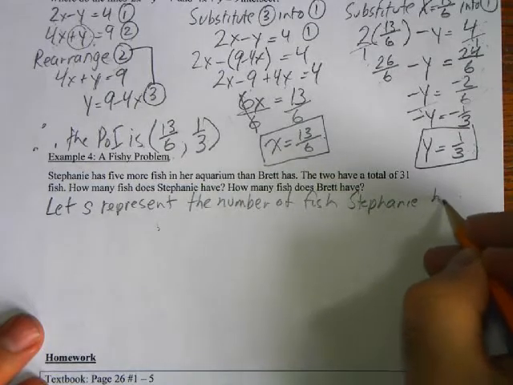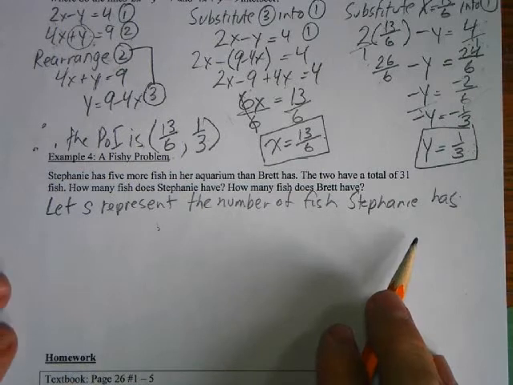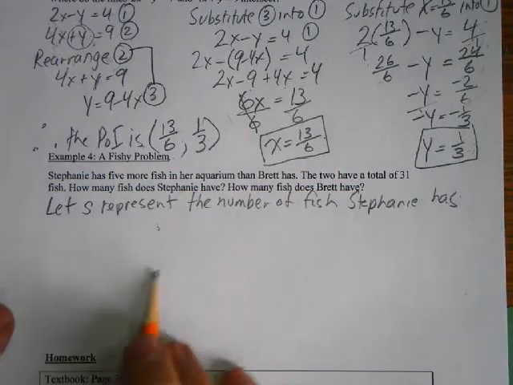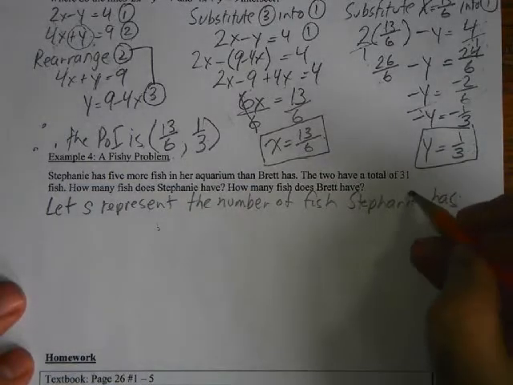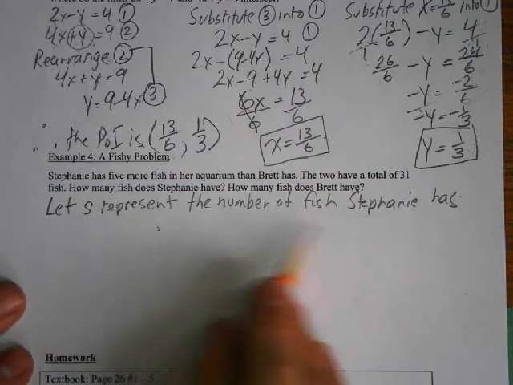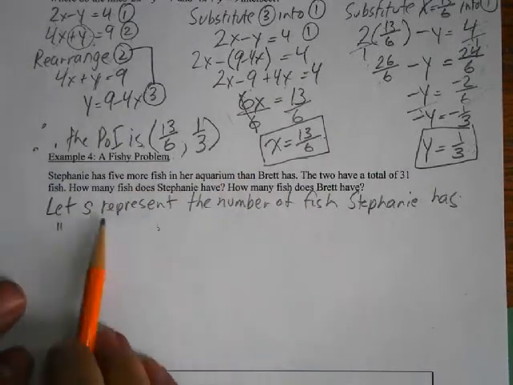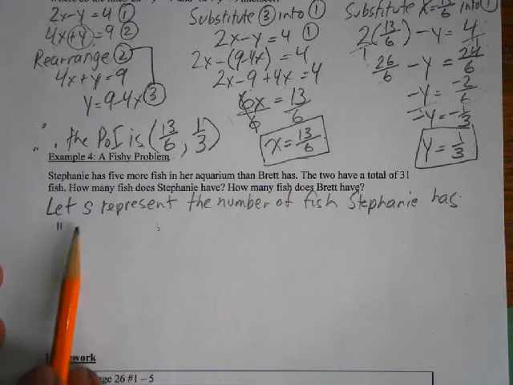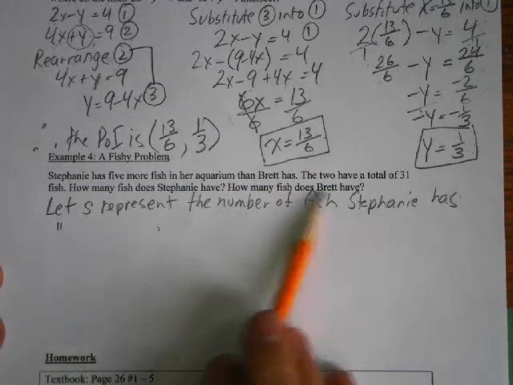Okay, and now when you take the time to do that, it'll make it a lot more sense when you're making equations. If you're too vague and just said let s represent fish or Stephanie's fish, it doesn't really help you with the equations. Okay, now the second let statement is super easy because the only thing changing is the new variable and maybe Brett here, right?